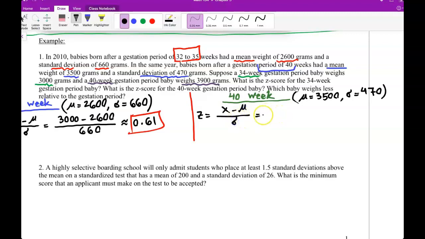Now finding the z-score. For the 40-week period, the baby weighs 3,900. This is x, minus the mean, 3,500, divided by the standard deviation, 470. Running that, the answer is 0.85.